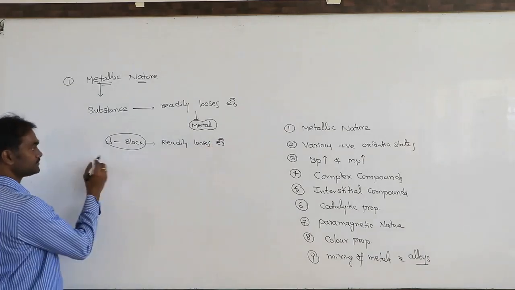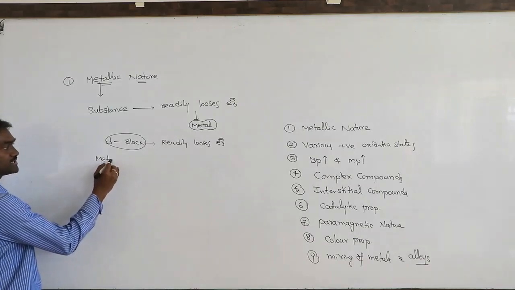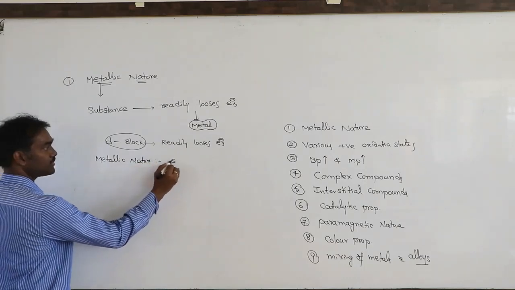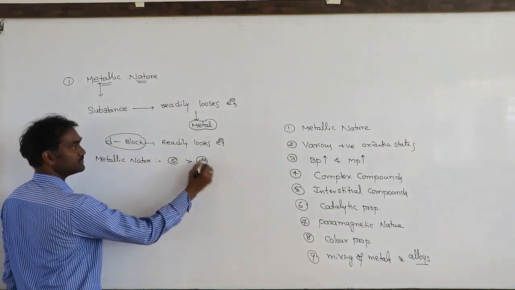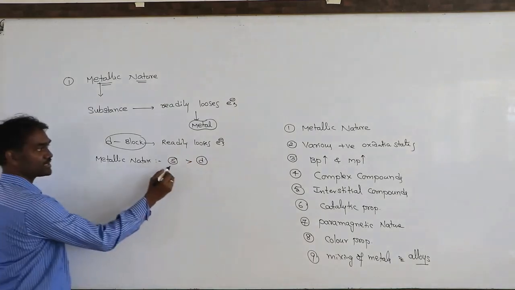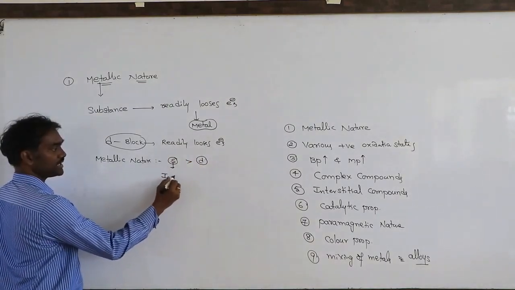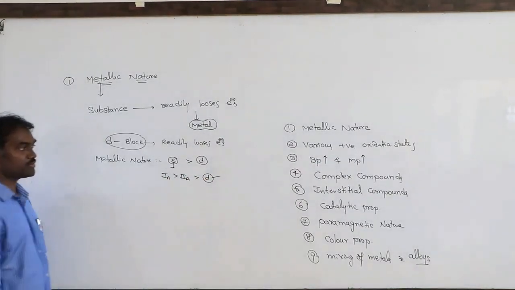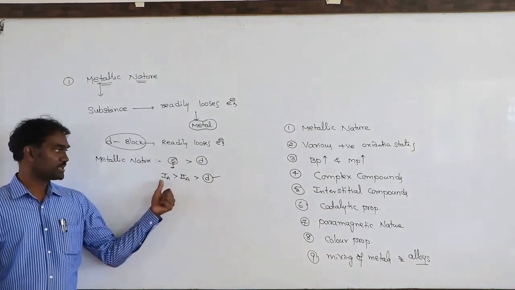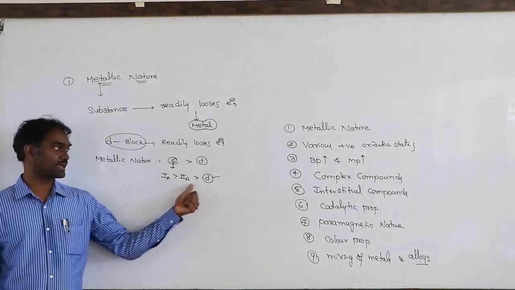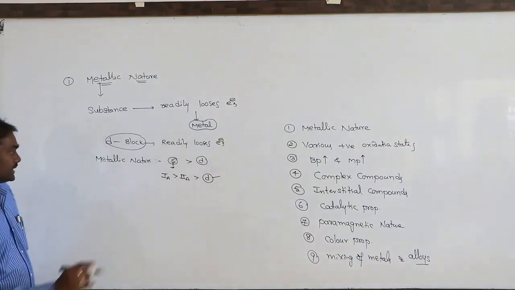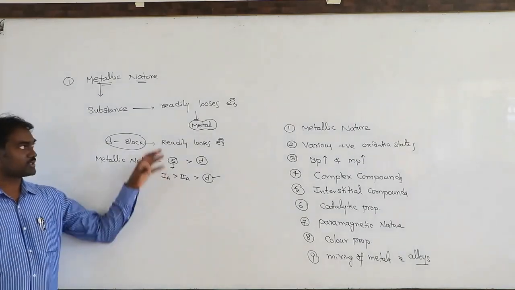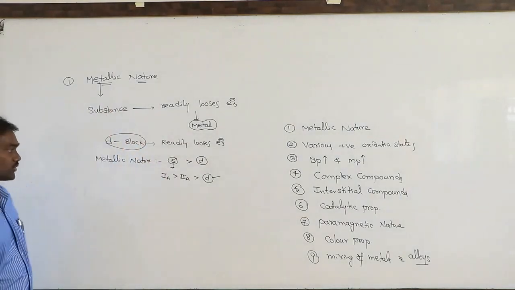If you take metallic nature, S blocks are more, next D. In the S block also, first group A is greater than second group A. That is next only coming to D block elements. So the first group readily loses its electrons compared to this. See, in what way these are available also depends on the metallic nature only.